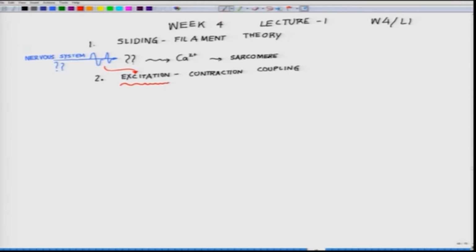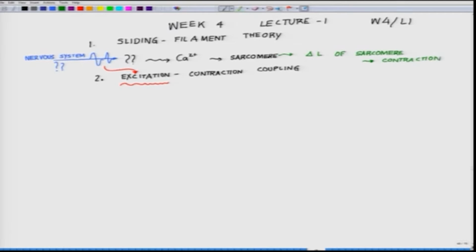that is this word. But then there is something happening here, change shown by delta, change in length shown by capital L of sarcomere. Okay. Or in other words, this is what we call as contraction.